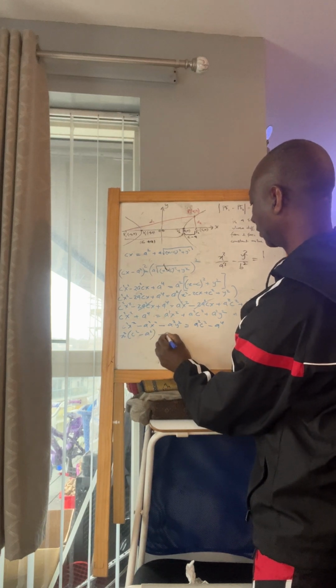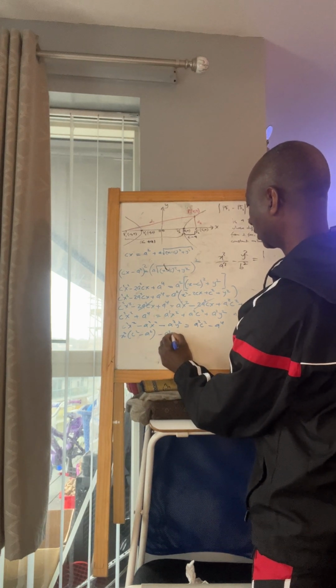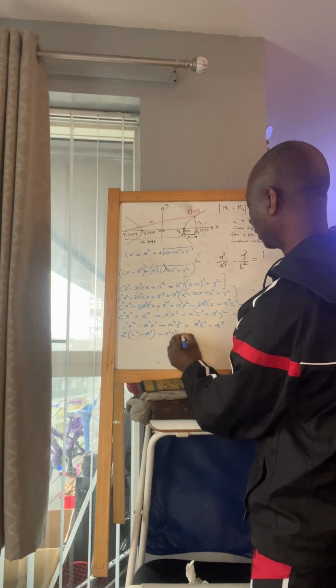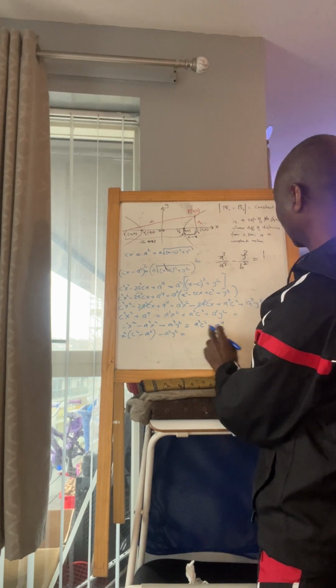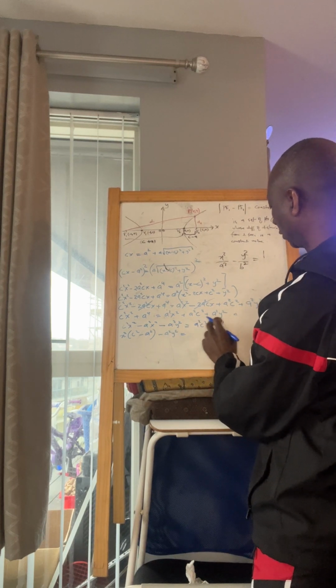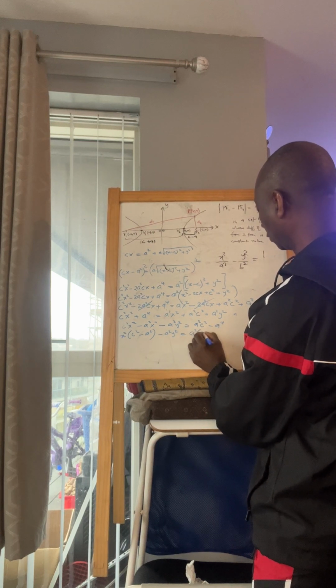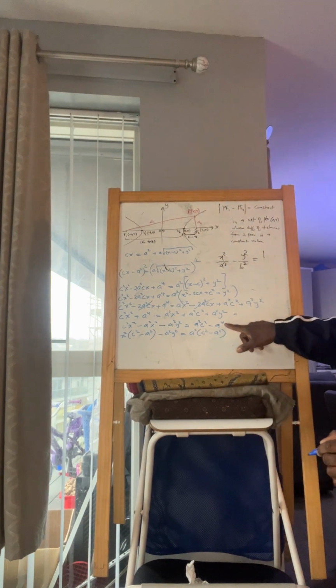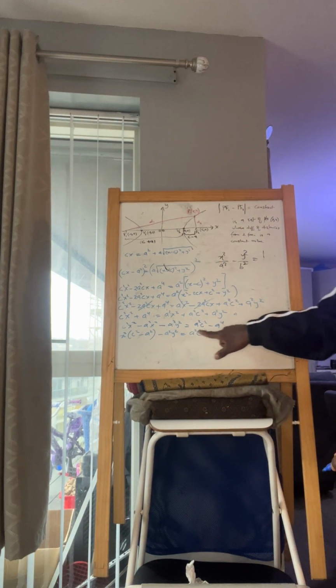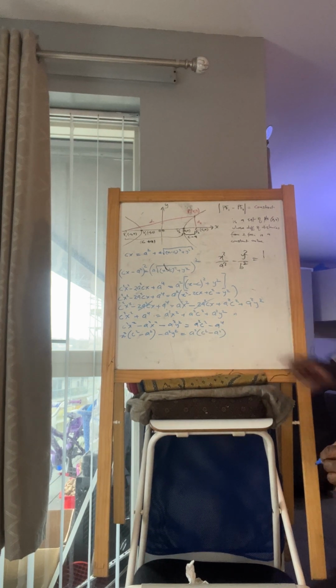And here you have minus a squared y squared equals, here again you see the a is common. You have a raised to the power of 2 and a raised to the power of 4. So I can say a raised to the power of 2 all over c squared minus a raised to the power of 2. This instead of 4 now is 2, because if I clear the brackets, it will be a to the power of 2 times a to the power of 2, which is a raised to the power of 4.